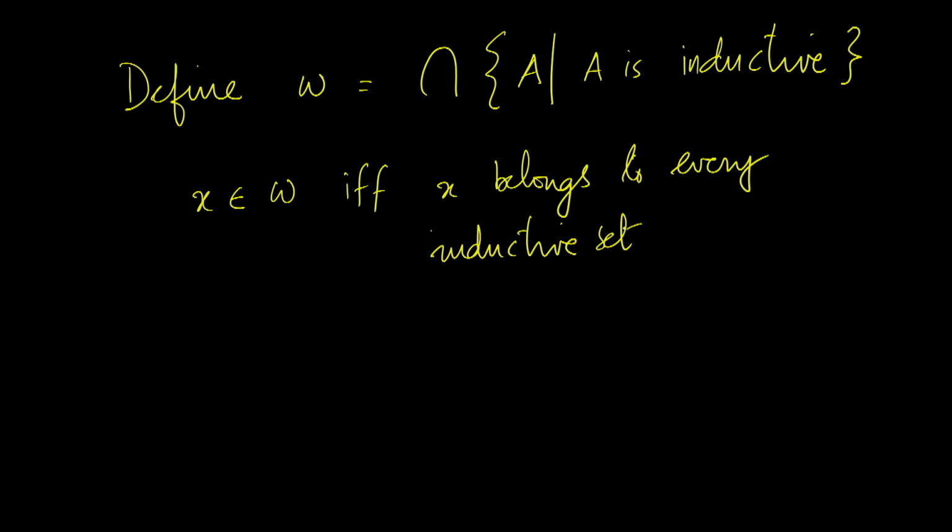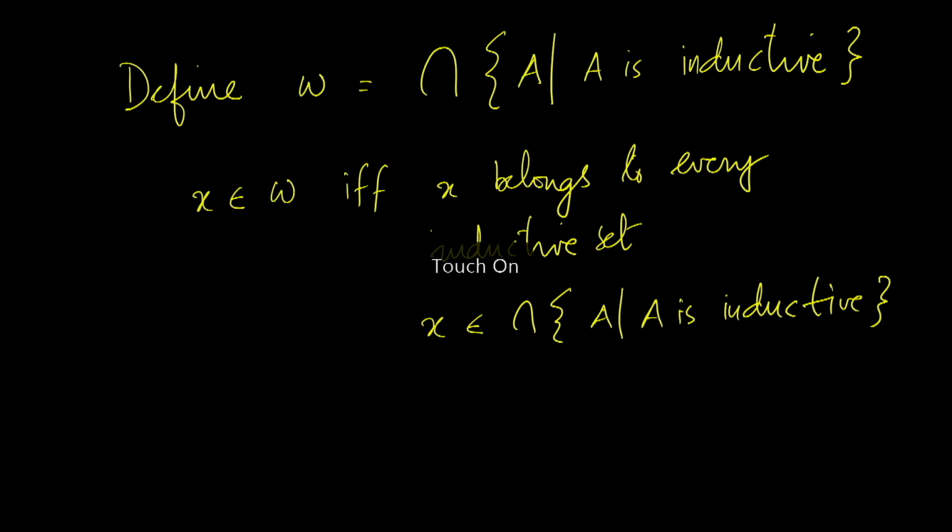Which is precisely when x belongs to the intersection of all inductive sets. So the definition says that x belongs to omega precisely when x belongs to every single inductive set.